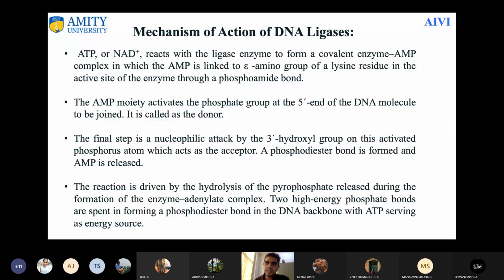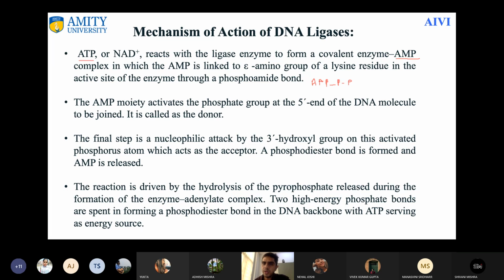So as in the first step, we are having this AMP. So we start with the ATP. Simply, any nucleotide triphosphate is going to have P, P, and P. So this is the ATP.